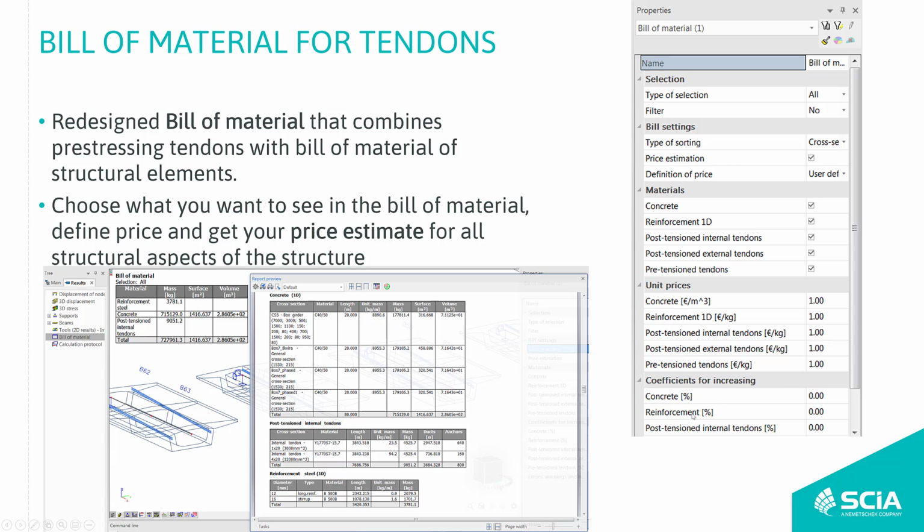And here you can see what I already described to you during the bill of reinforcement, that I have a full capability to increase the amount of such a material in the project by percentage, so I can add more material to simulate that in my analytical model I don't have so precise a model, which is then used for the quantity takeoffs for reporting and some cost calculations.